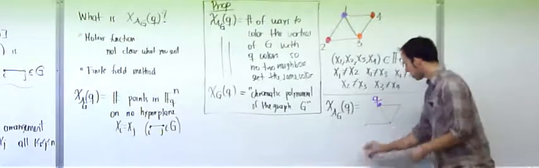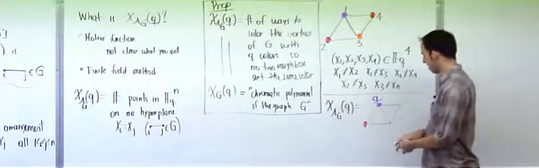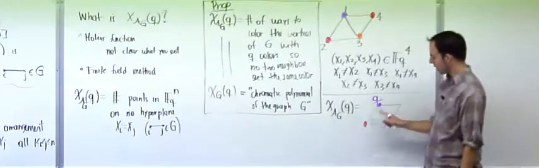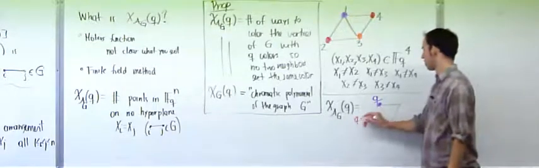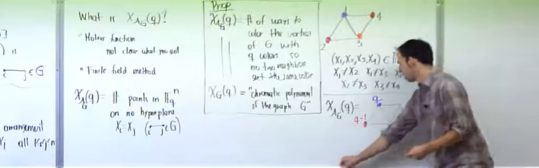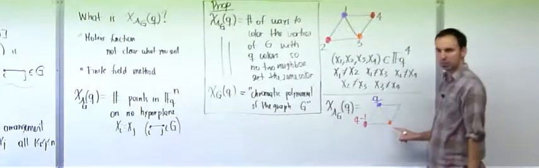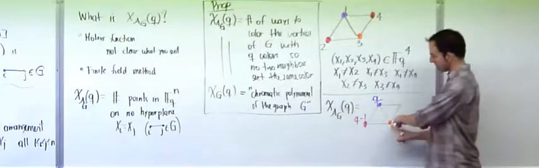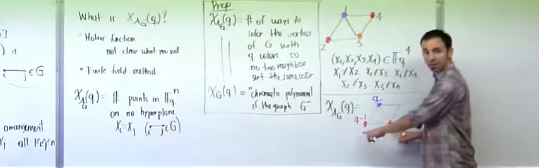Now, how many ways are there to choose this color given that you already chose this one? It's Q minus 1 because you can choose any color except for the one that you put here, whatever it was. Now what about this color? How many choices are there? Q minus 2 because it's Q colors, but you can't use this color and you can't use this color, and these two are different colors.